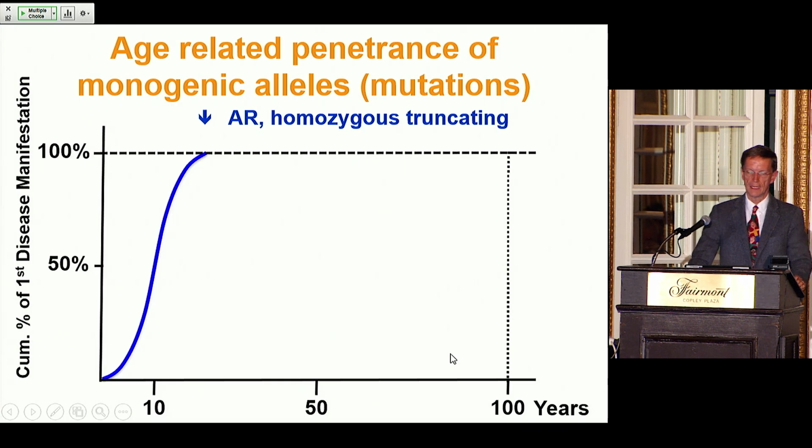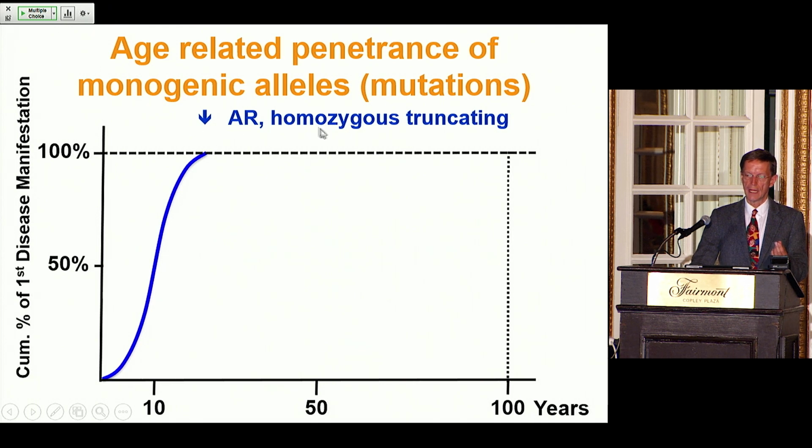So more specifically, I'd like to show you age-related penetrance and the genotype-phenotype correlations for recessive monogenic disease genes and dominant ones. Here we have a theoretical cohort of 100 patients, which is the 100%, who manifest with, say, steroid-resistant nephrotic syndrome between birth and 100 years old. And usually these onset-of-disease curves are S-shaped and have a characteristic, which is the 50% age of onset, for instance, in podocin mutations.